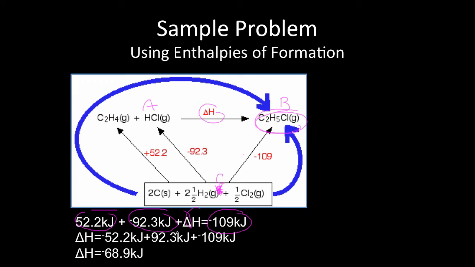Now I need to solve for my unknown, delta H, so I'm going to isolate it by subtracting 52.2 kilojoules from both sides and adding 92.3 kilojoules to both sides. I find that my unknown enthalpy is going to be negative 68.9 kilojoules.